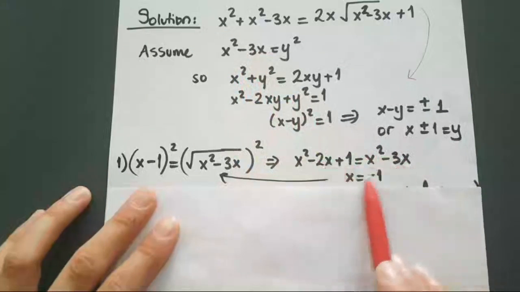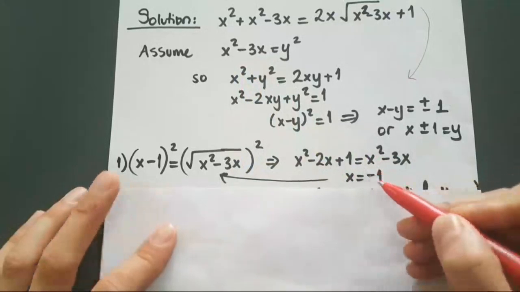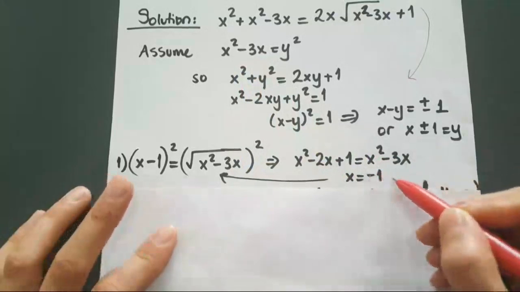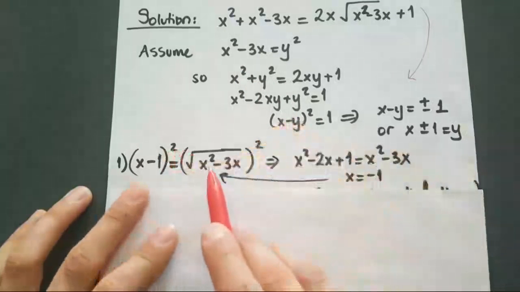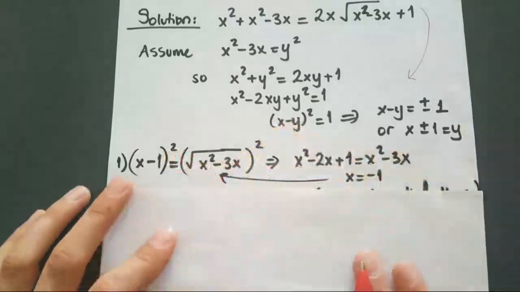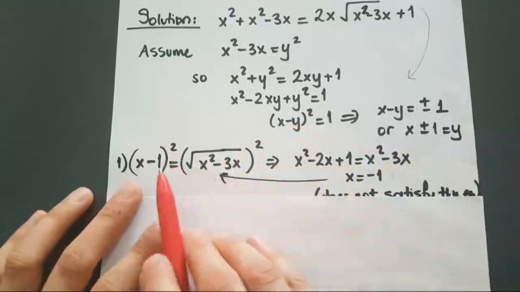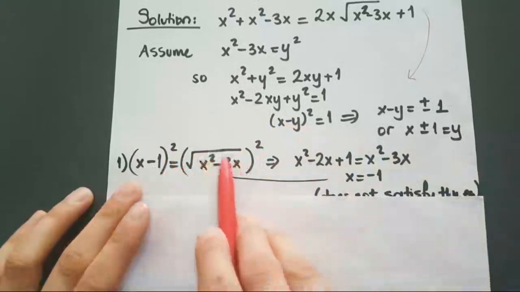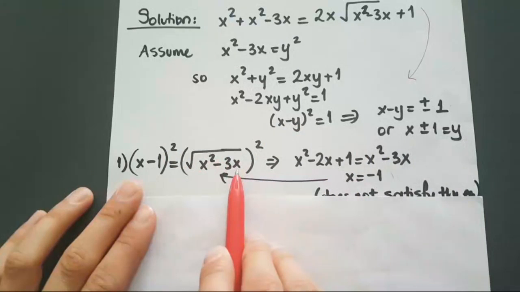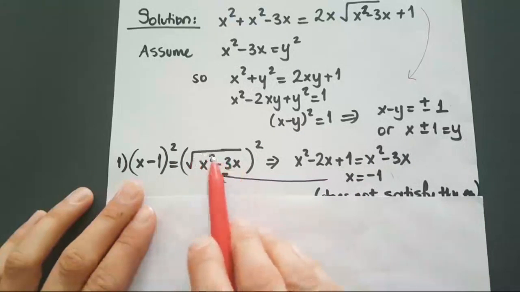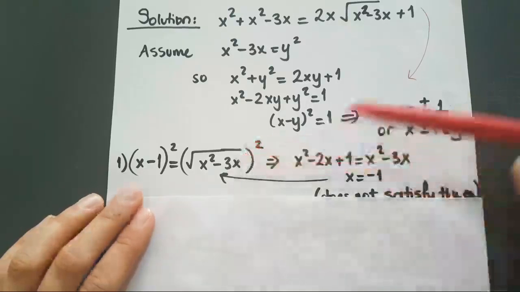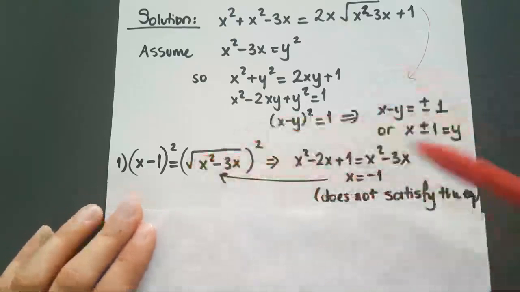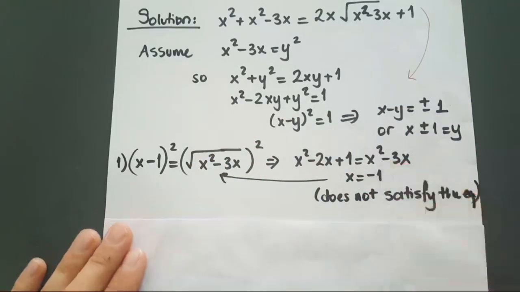When you solve this, x is equal to minus 1. Remember, when you have radical expressions, after you find the roots, you need to check whether they satisfy the equation or not. When I substitute minus 1, the radicand is going to be a negative expression, which is not possible for a square root, so we do not have a solution from the first case.